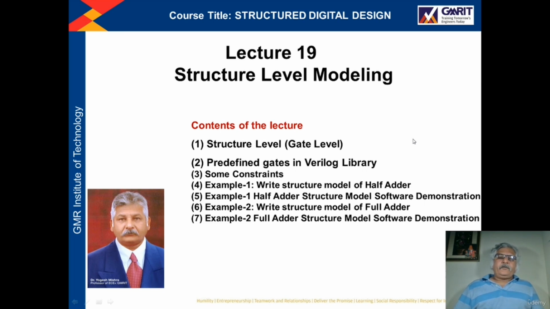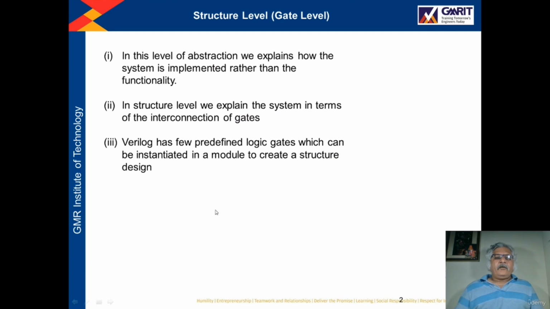Okay, so now in this lecture we will discuss some basics of structure level modeling with a few examples. Already we discussed these points in structure level modeling. In this level of abstraction, we explain how the system is implemented rather than the functionality.